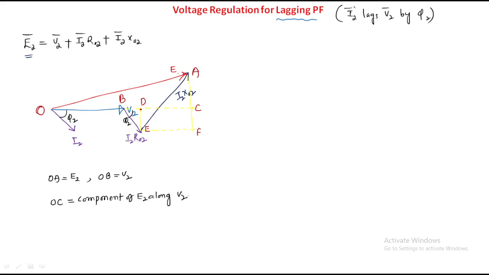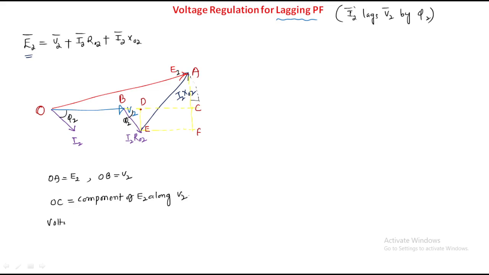This is the actual graph, but this magnitude is neglected. Up to this point only we have to consider, because the component of E2 along V2 should be properly scaled, but to make the calculation easy, we have to extend this component from this point to this point. So the component of E2 along V2.